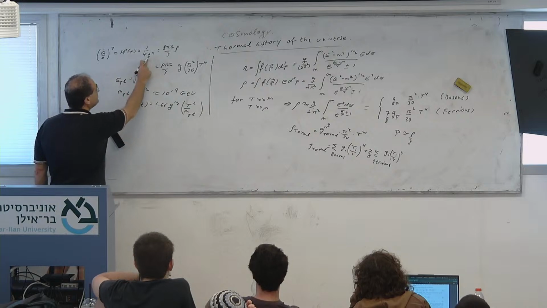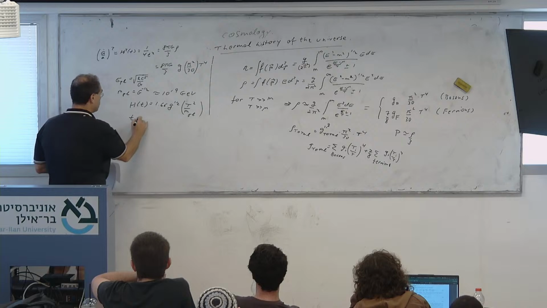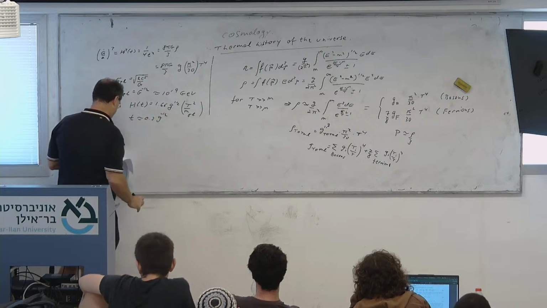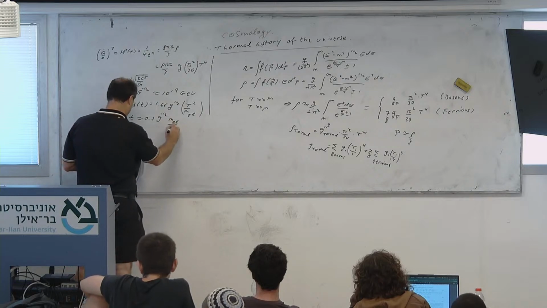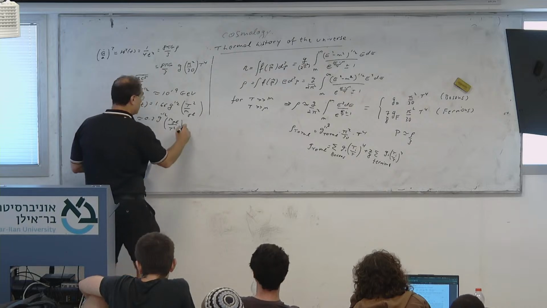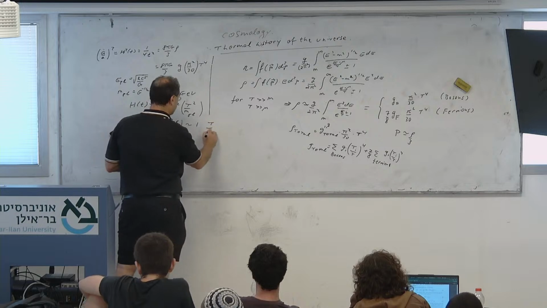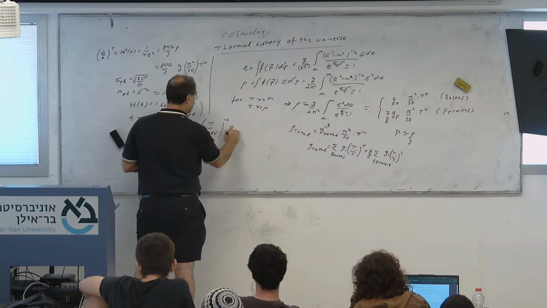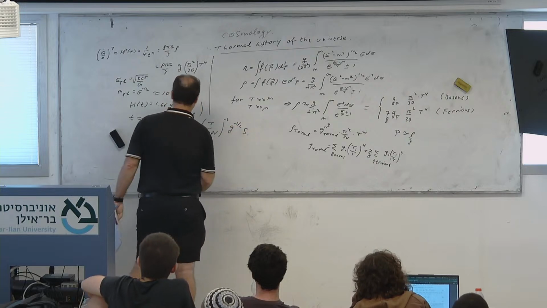And the time, here I can write t is around 0.3 g^(-1/2) M Planck over T squared, which is about 1 second times (T over 1 MeV)^(-2) g^(-1/2) seconds.